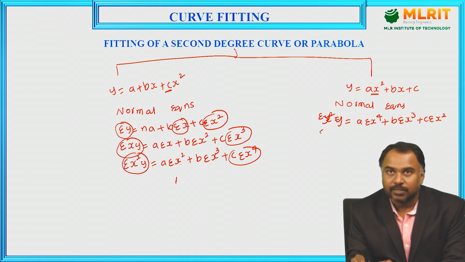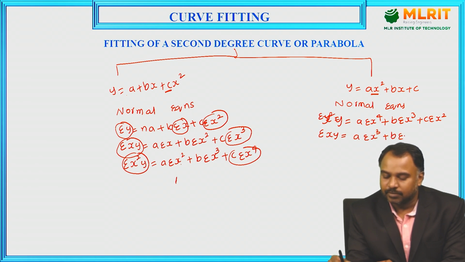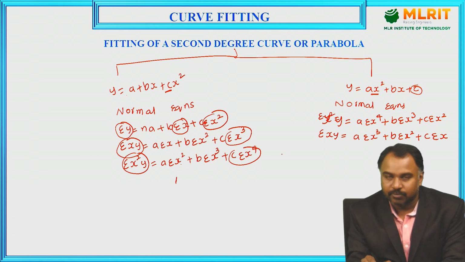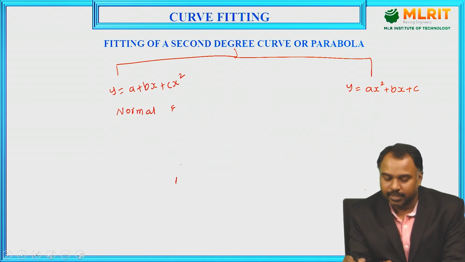In a similar way, the second equation is where the b coefficient is x. Therefore summation xy is equal to a summation x cube plus b summation x square plus c summation x. Using c, we get the third equation as summation y is equal to a summation x square plus b summation x plus nc.